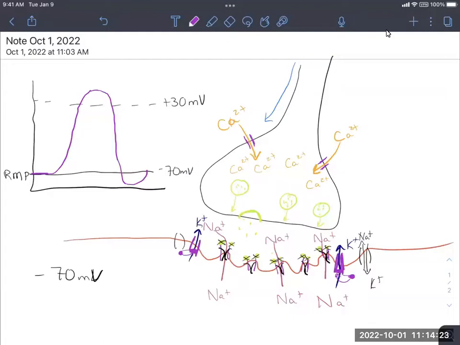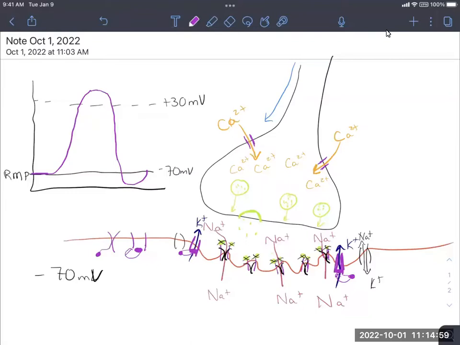But what's happening? I'm going to draw one of these channels over here, a big one, so you can see. So this chain with a ball is going to block that channel. But the channel needs to go back to its closed position before we can receive another action potential.